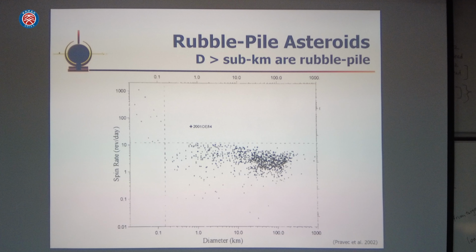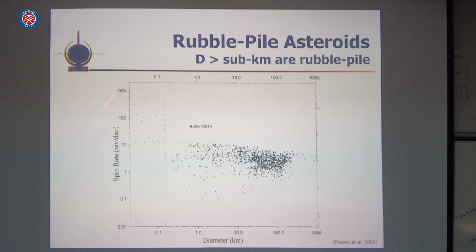And 6 years later, Peter Brown took a step forward. He got more rotation periods of asteroids, even asteroids as small as 100 meters. And he found that the asteroids seem to divide into 2 groups.